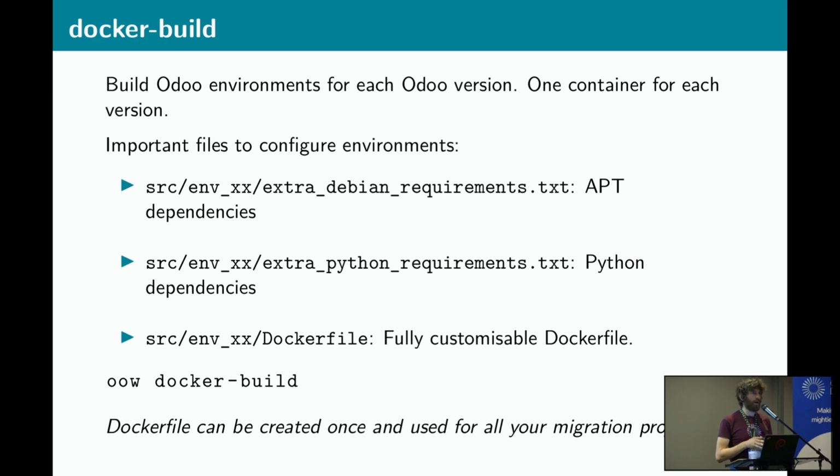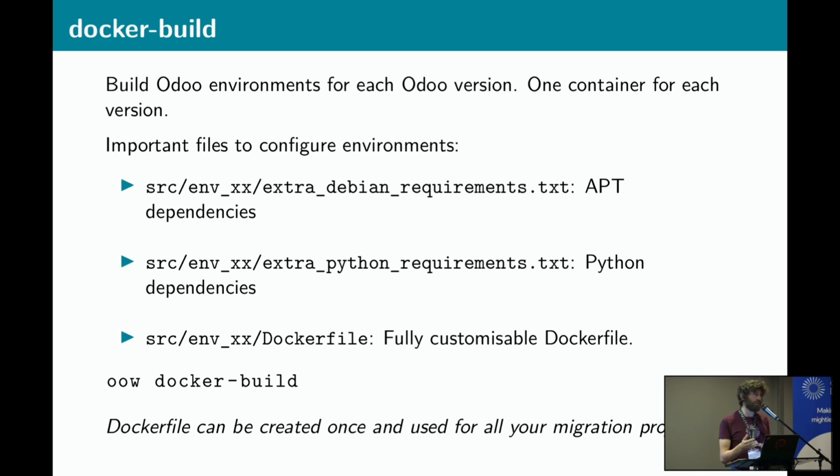When you're done, it's time to build your environment using the Dockerfile. There are 3 files in each environment you have to configure. We created 2 files that should normally be enough: extra Debian requirements, where you can put your Debian packages if you need some, and extra Python requirements, where you put your Python dependencies.